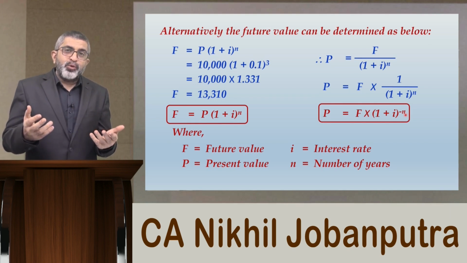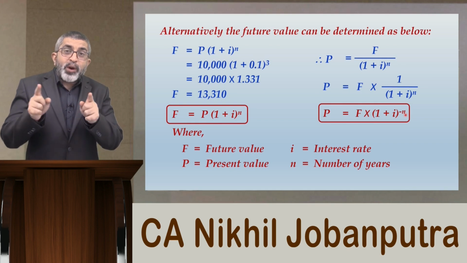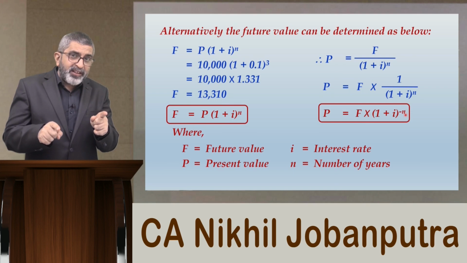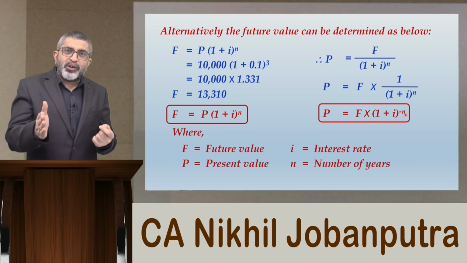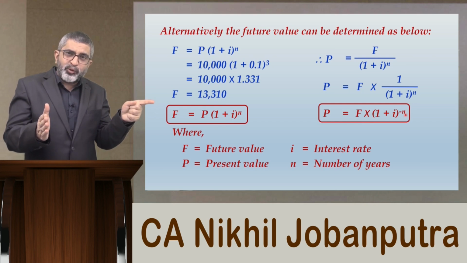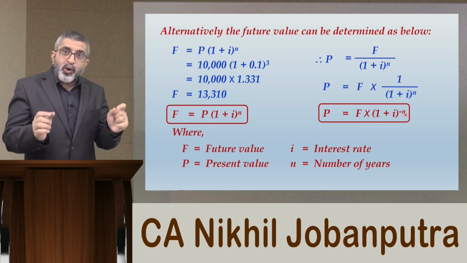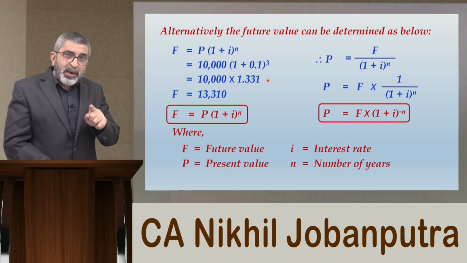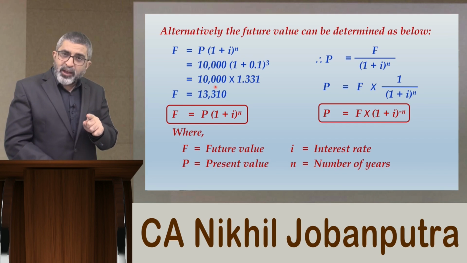Now if I ask you to find the future value of today's $10,000 with 10% per annum interest and the time horizon of investment being 3 years, today's $10,000 is becoming $13,310, because you found the future value factor and then multiplied it to $10,000.